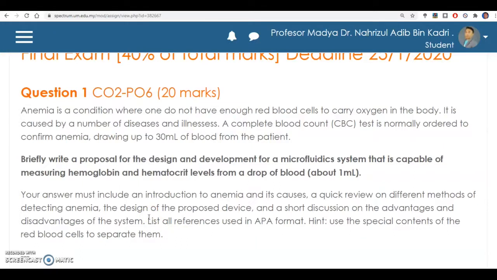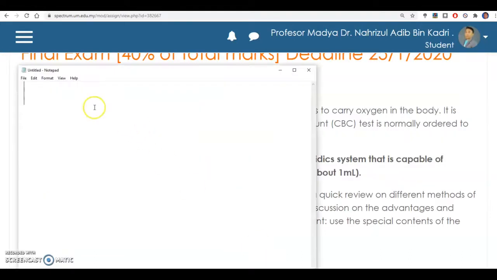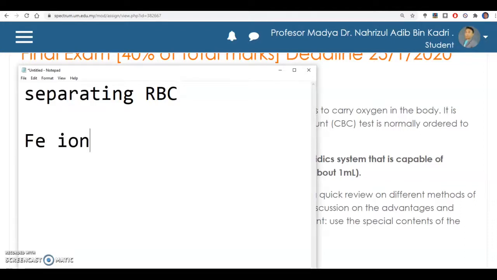Okay, so I have just given you how to detect the hemoglobin, to separate the hemoglobin, but you still have to think of a way on how to detect the anemia after separating the hemoglobin. Okay, separating red blood cells by using the hemoglobin content, because you know that hemoglobin contains iron ions.